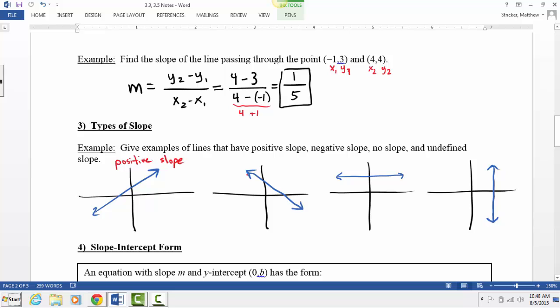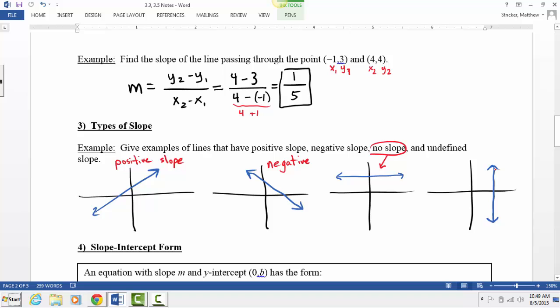As opposed to the next line, you're driving down the line, that's going to be negative slope. These first two lines have some steepness: going up a hill, down a hill, there's slope. But the third line, there is no steepness, it's a flat road. So that's going to have no slope.